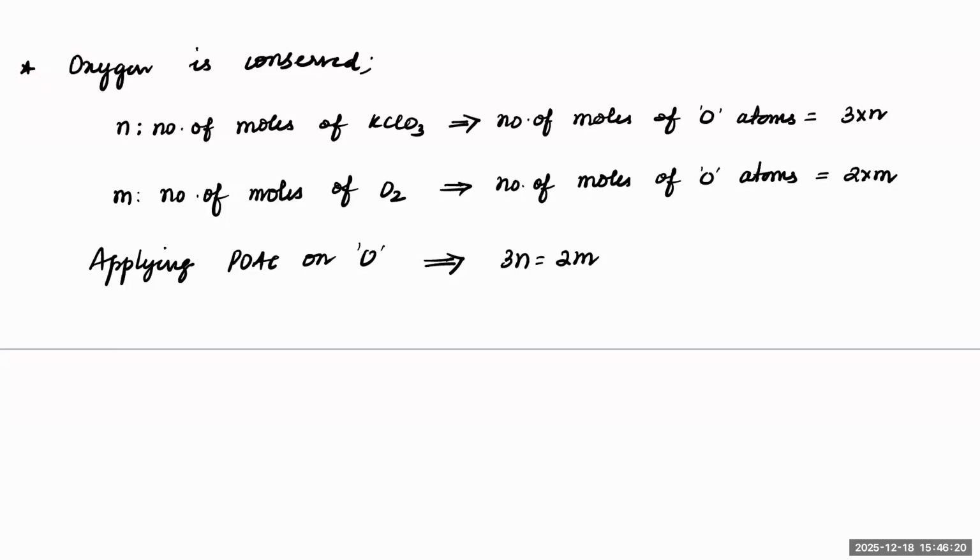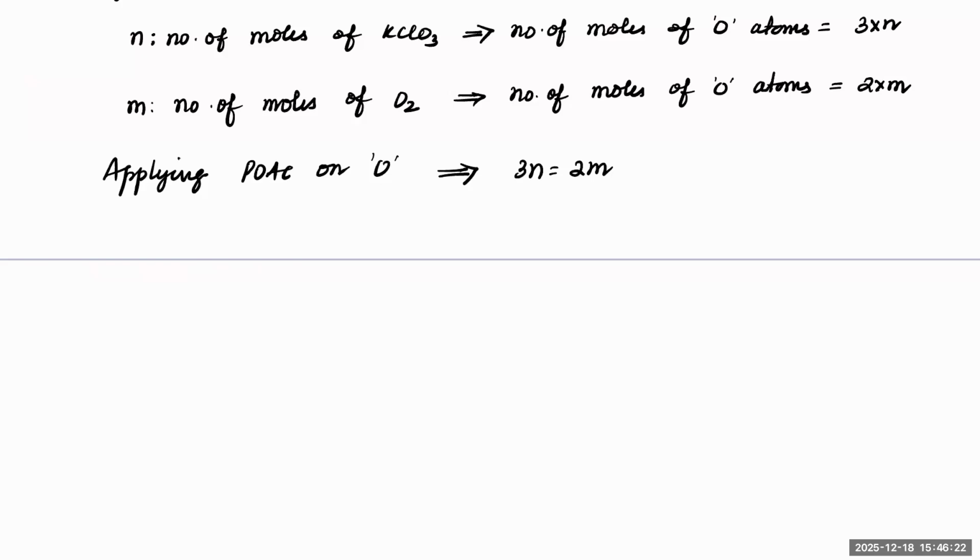Agreed? Which I can write as 3 times the number of moles of KClO3 is equal to 2 times the number of moles of O2.